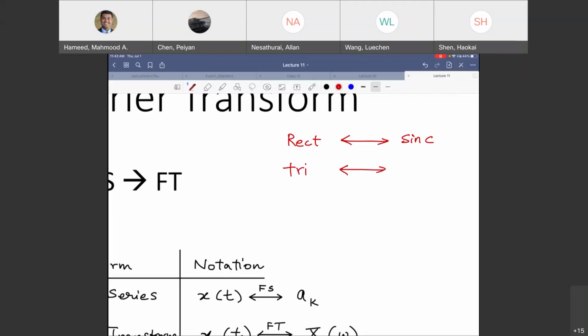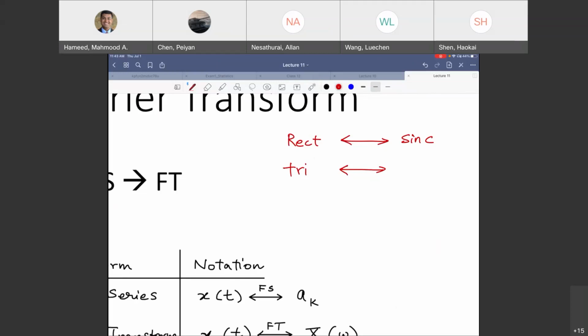No. So here, how do you get triangle? So here, rectangle is a sinc. Right? Think about all the properties you can use. Because they're almost there. So how do you get a triangle?